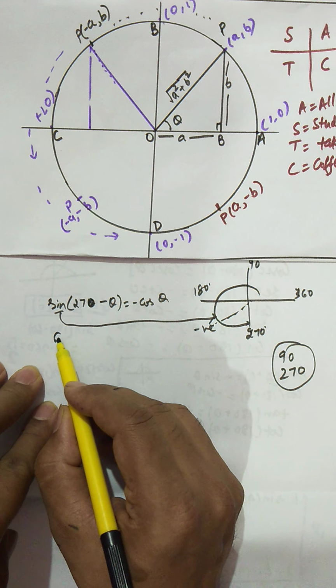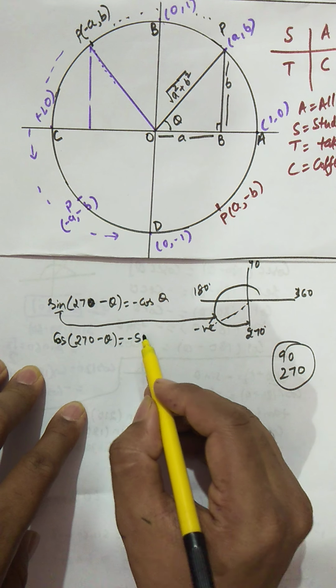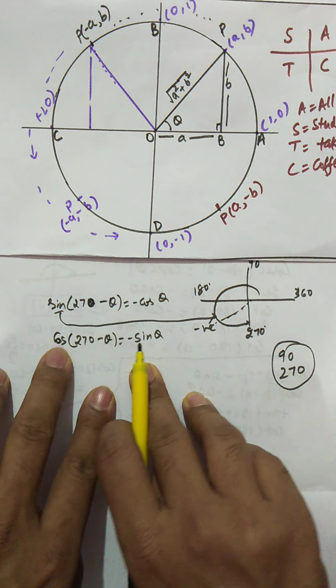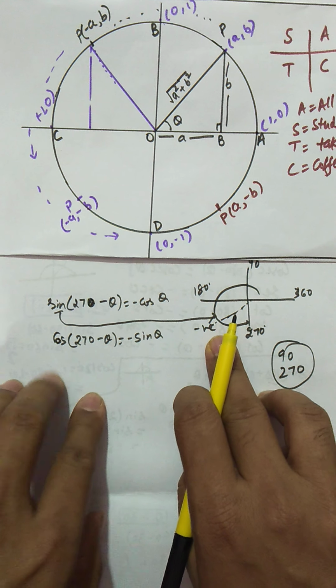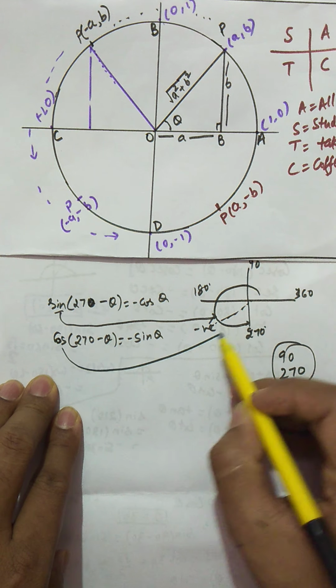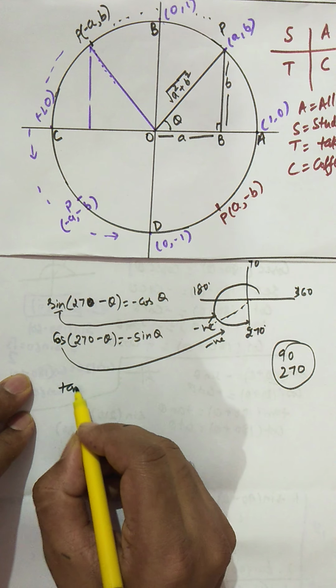So cos 270 minus theta will be minus sine theta. Cos will change into sine, and it is minus because cos is negative in the third quadrant.